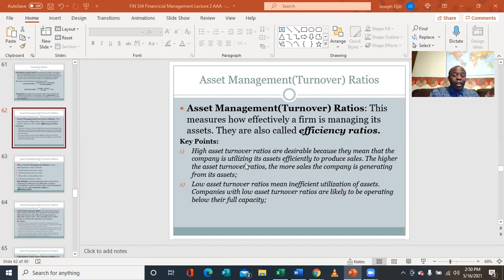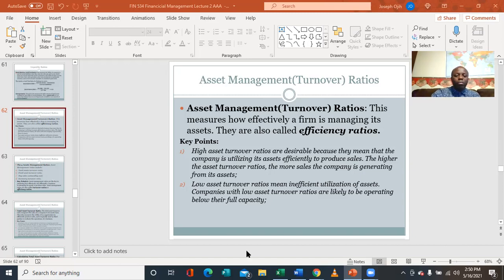So generally, higher asset turnover or management ratios are good. But low asset management ratios are not good, because it means that the company is inefficient in using the assets it has to generate sales.